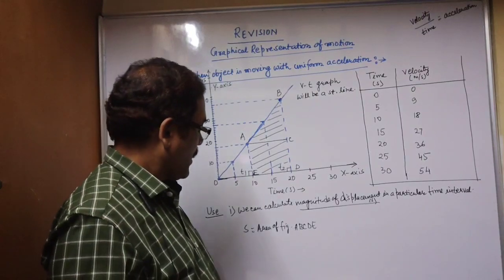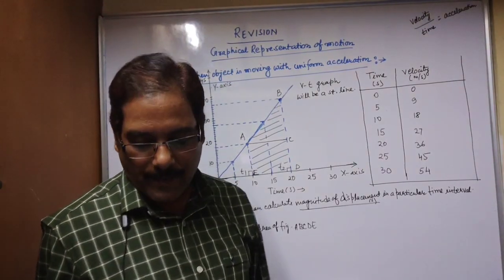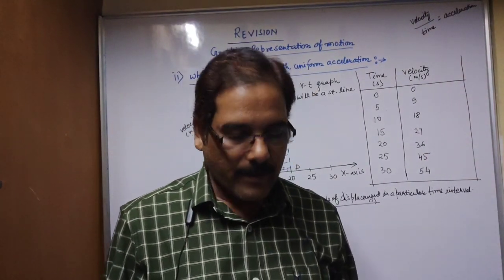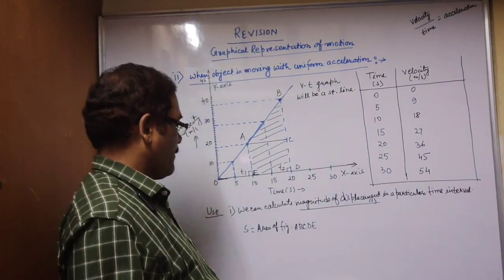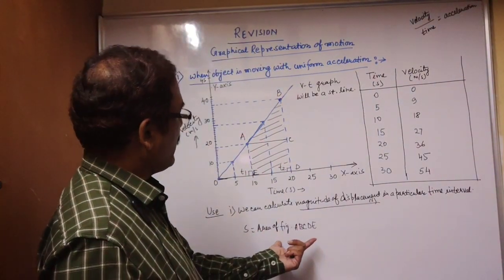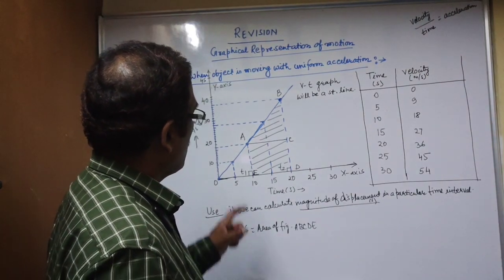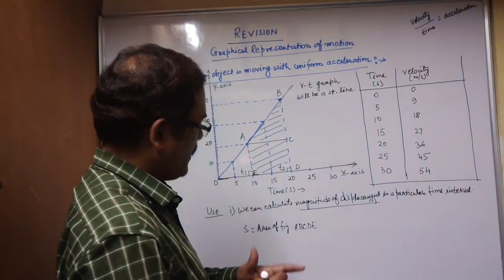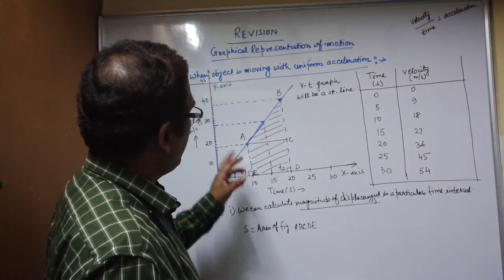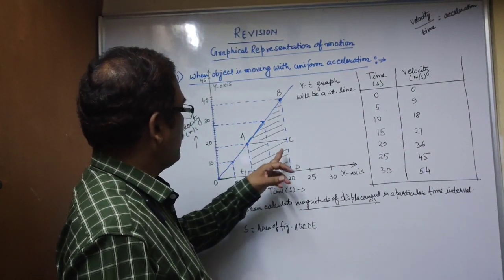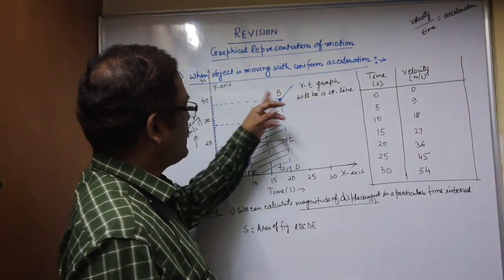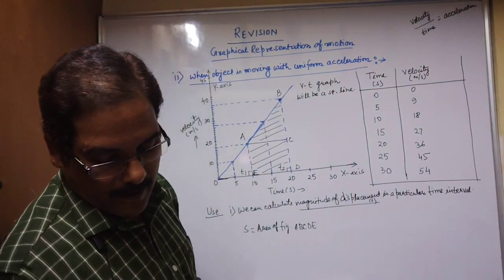So area of figure A, B, C, D, E, and this figure is divided into two parts. You can see from here, from the graph, that there is a rectangle ACDE and there is a triangle ABC.